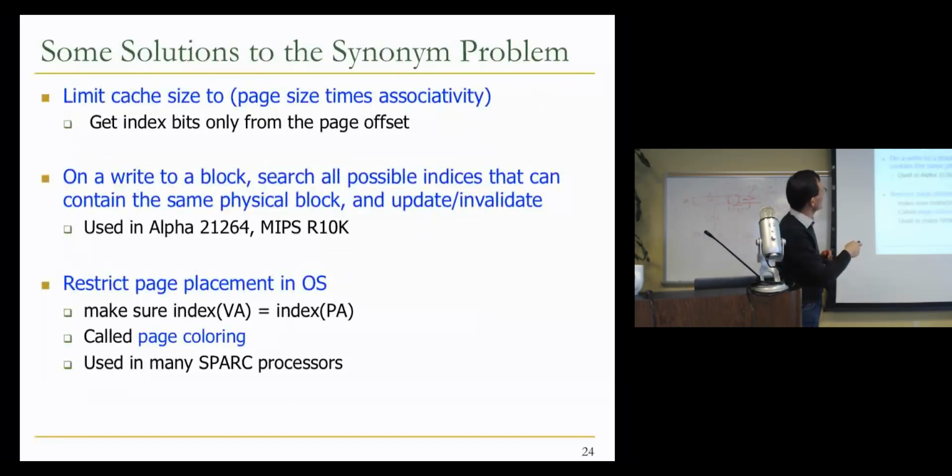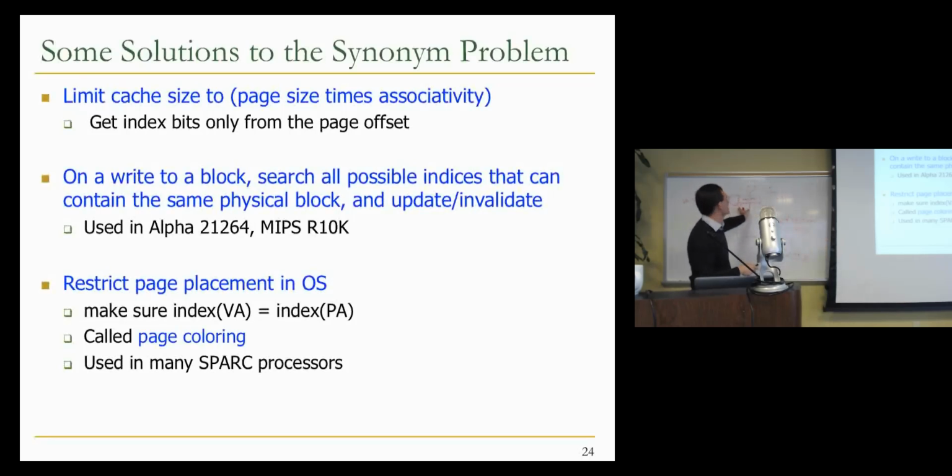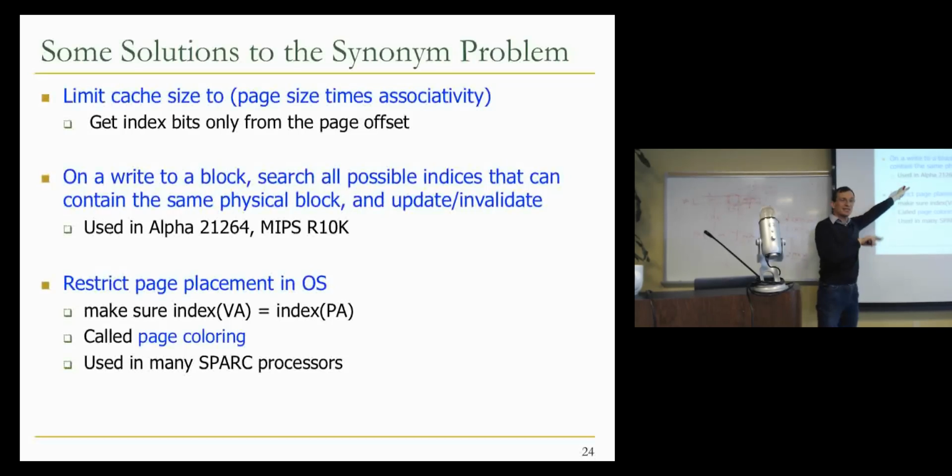Well, we've already talked about this solution. This basically avoids the problem, if you will, by ensuring that the index bits do not come from this here. The other solution is allow the index bits to actually come from the virtual page number from here, allow them to change during translation, but once you write to a block, search all possible indices that can contain the same physical block and update them with the same value or invalidate them.